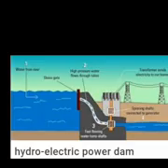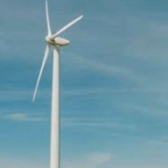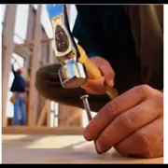Now we learn about uses of mechanical energy. In hydroelectric plants, kinetic energy of water is converted into electrical energy. Windmills convert kinetic energy of winds into electrical energy. Mechanical energy of the hammer is used to apply a force on a nail.